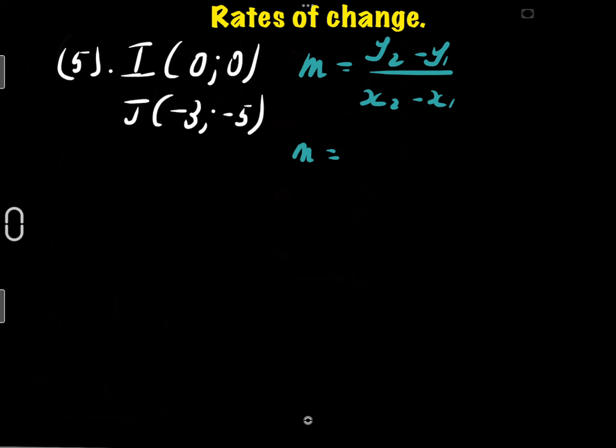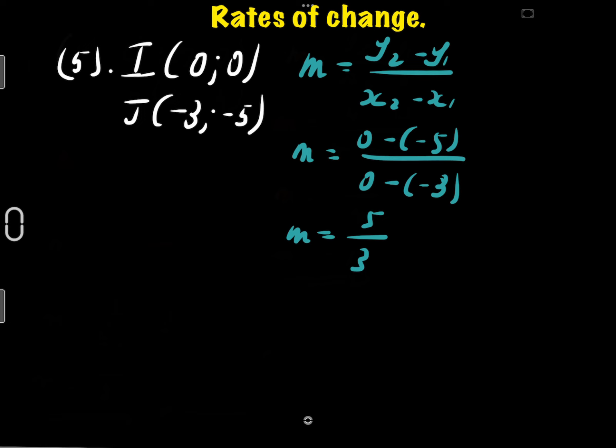So m is equal to, in this case I start with I this time, so 0 subtract negative 5 over 0 subtract negative 3. m is equal to 0 subtract negative 5, which is simply 5, over 0 subtract negative 3, which is simply 3. So that's the last step of our calculation, and that's our gradient for example number 5.